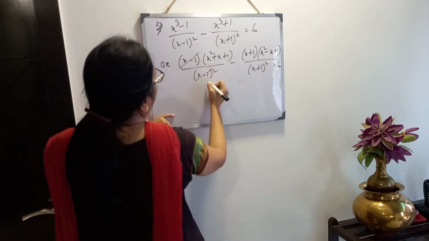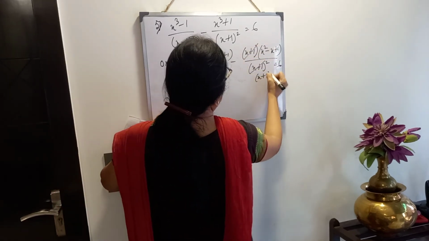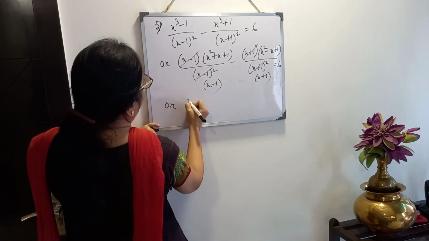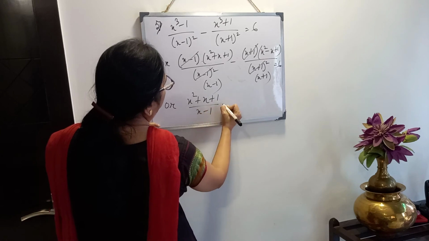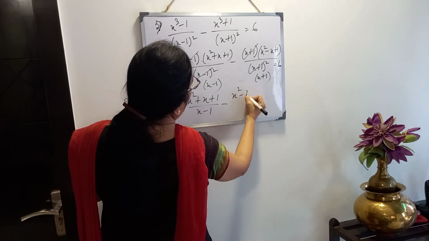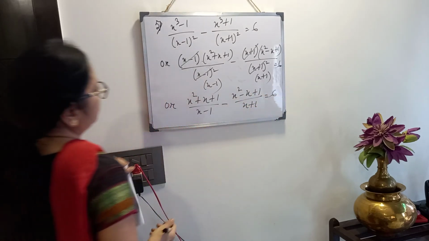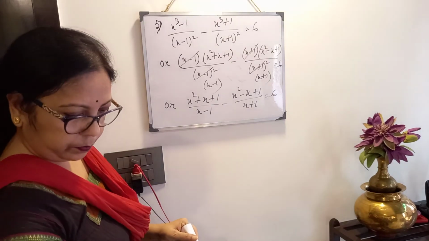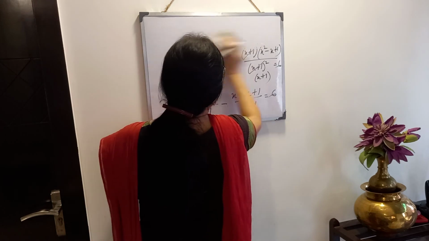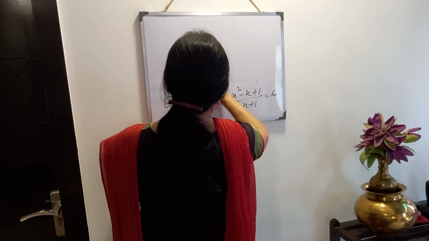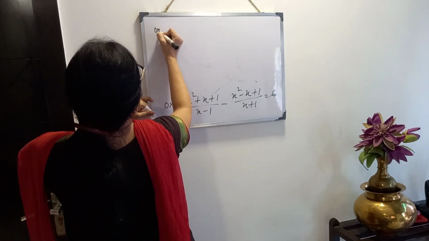Now here you cancel this and this also you cancel here. So we are getting x square plus x plus 1 by x minus 1 minus x square minus x plus 1 by x plus 1 equals 6. After that, we will take the LCM.